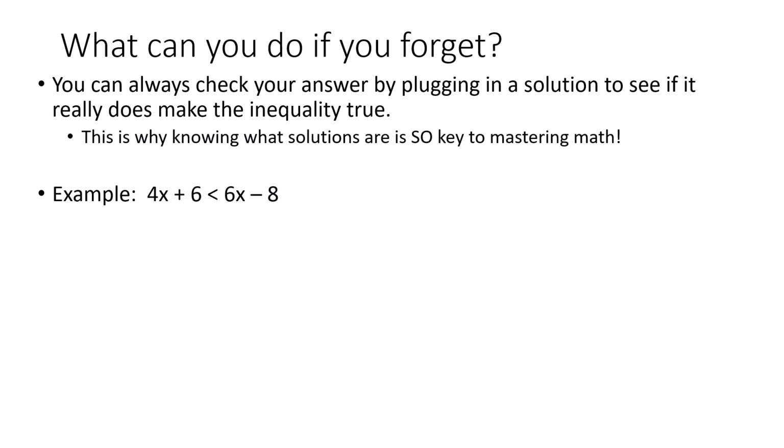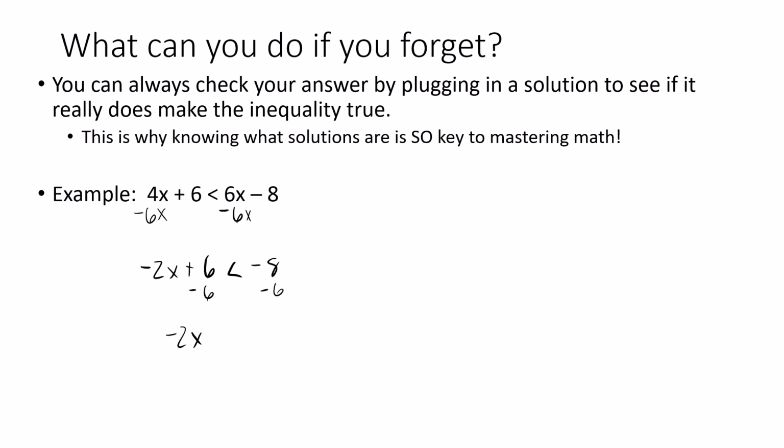So we have an example here, 4x plus 6 is less than 6x minus 8. I'm going to get my x's all on one side by subtracting 6x from both sides. 4x minus 6x is -2x. And then we will subtract the 6 from both sides.